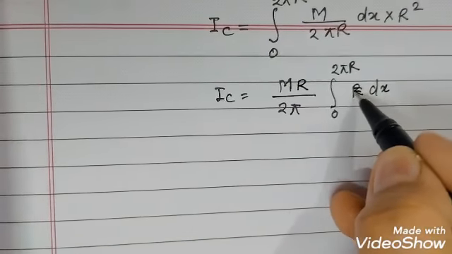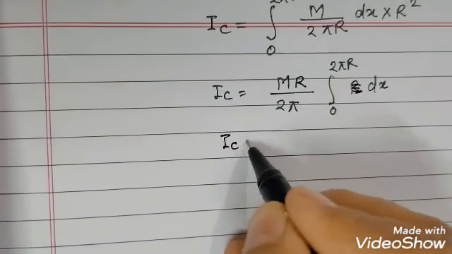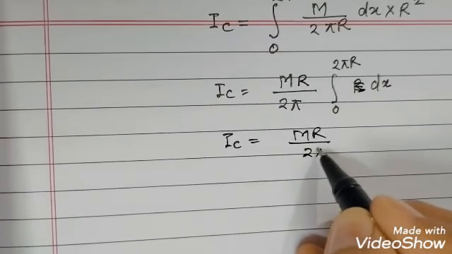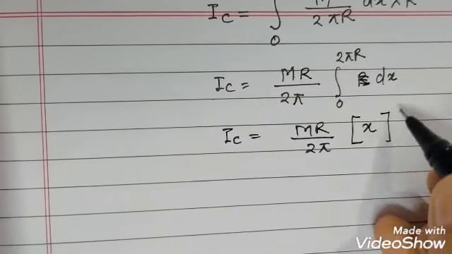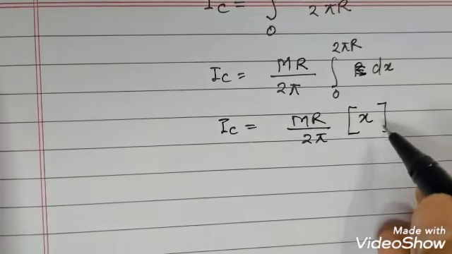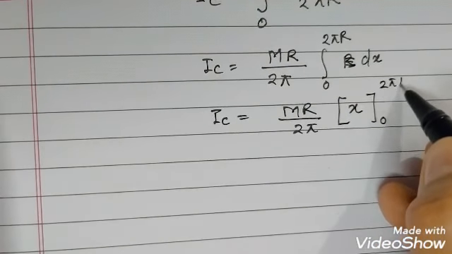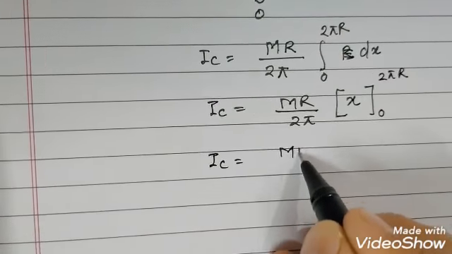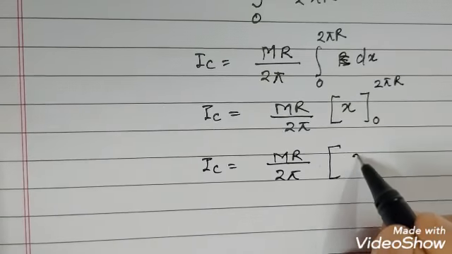So simply we'll integrate dx here, and the integration of dx will give us what? It will give us x. And what will be the value of x? The integration of dx is x. The value of x is from 0 to 2 pi r, that is the upper limit is 2 pi r. So we'll put the value mr upon 2 pi, the upper limit is 2 pi r.